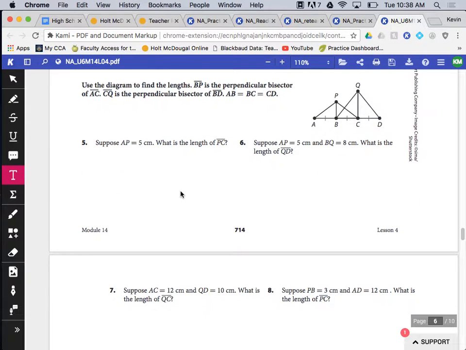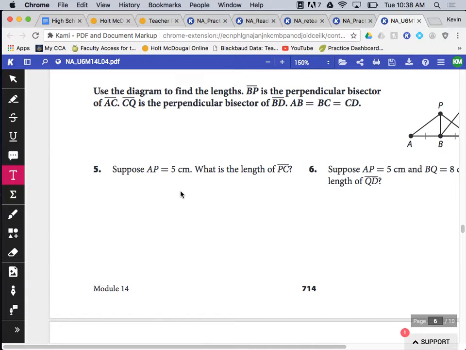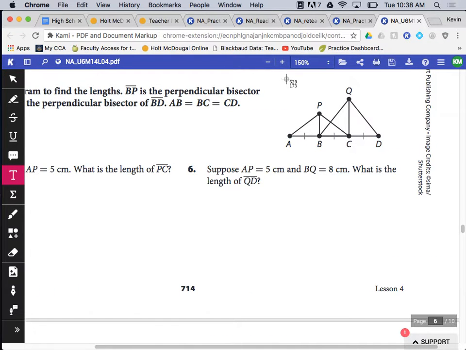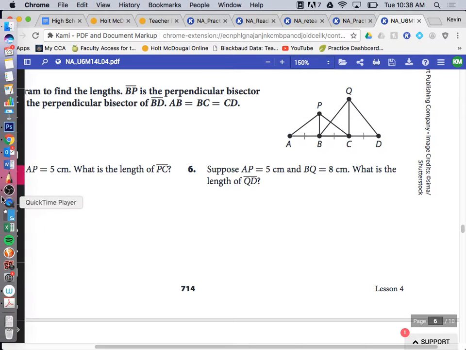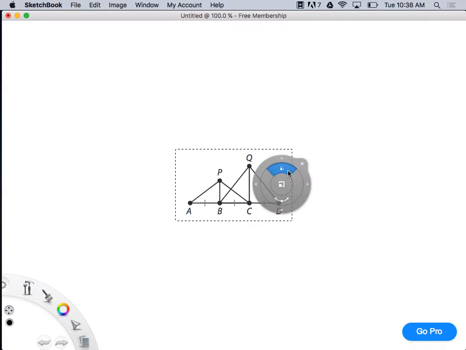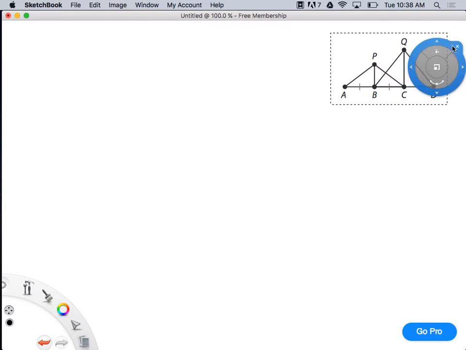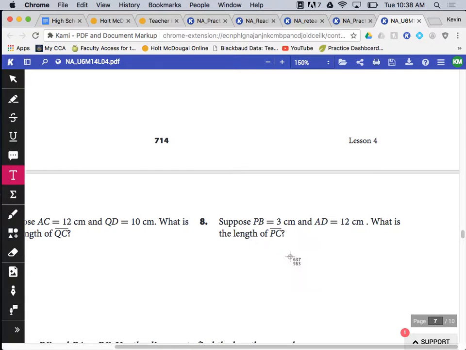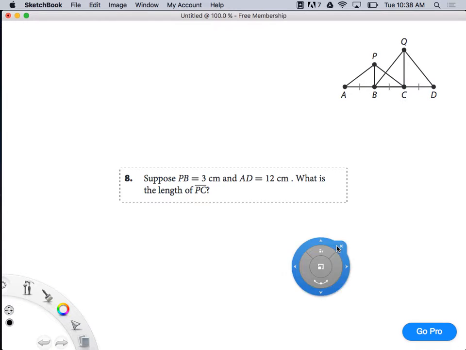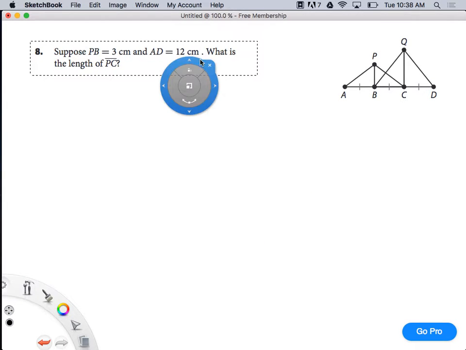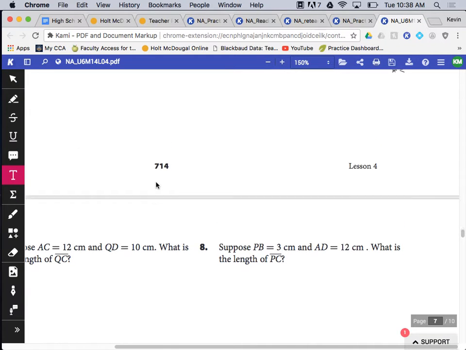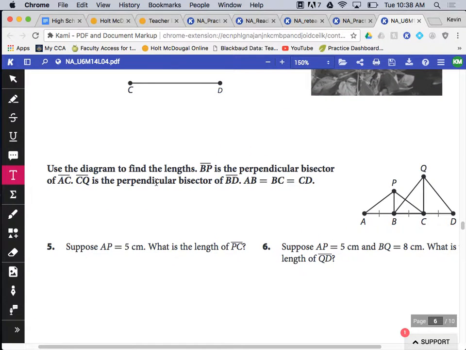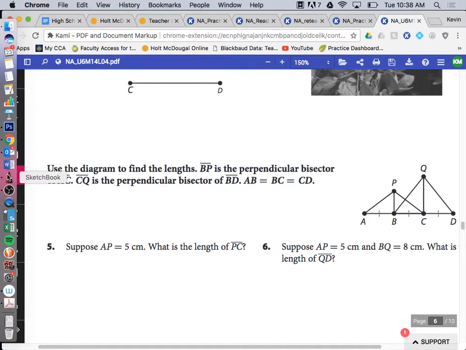Go ahead and turn to page 714 in your books right now. So this is your homework, part of your homework. I want you guys to consider number 8, because if you can do number 8, you can do the rest of them. So I want you to go ahead and consider that now. And you're also given up here that BP is the perpendicular bisector of AC and CQ is the perpendicular bisector of BD.